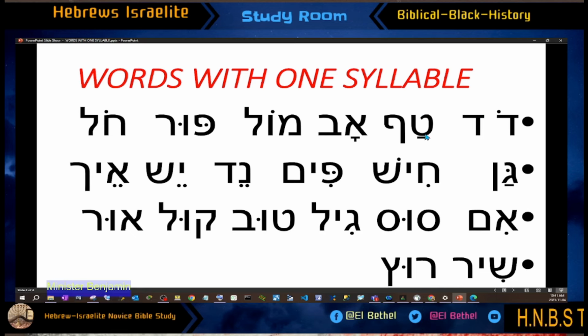This is the tet here, and this is the fe, but there's the final fe, so it looks a little bit different. There's 5 letters that when it's at the end, takes a different shape. Like this is the mem, but when it's placed at the end, it takes a different shape, right? This is the sadi, but when it's at the end, it takes a different shape. This is the kaf, the one that looks like a backward C. Yeah, that's the same one right there. Looks different though.